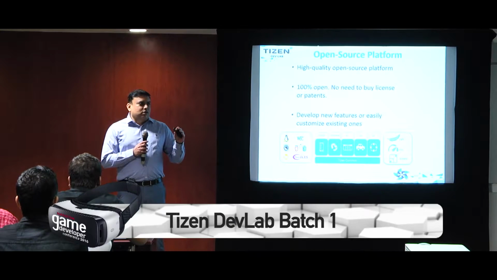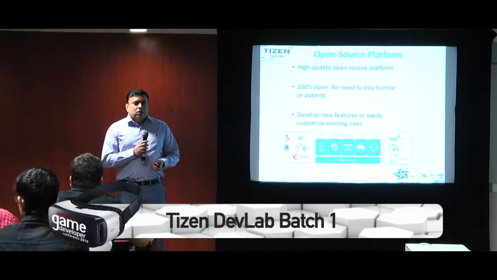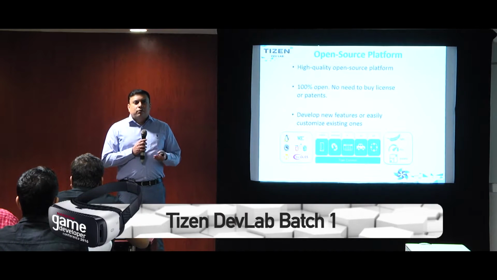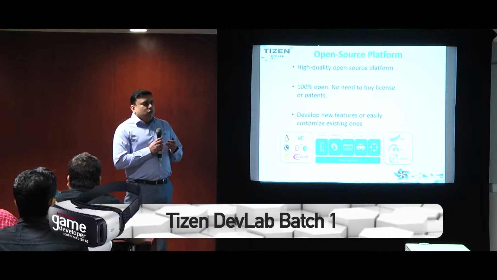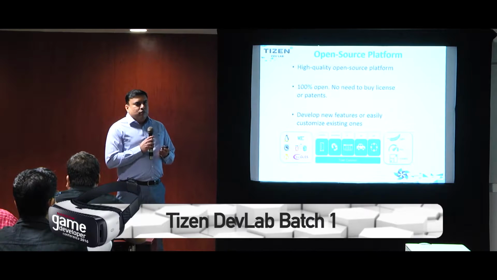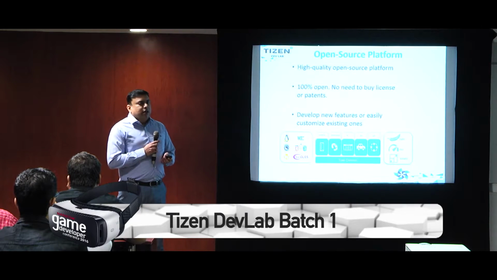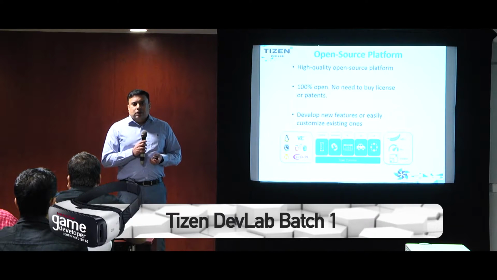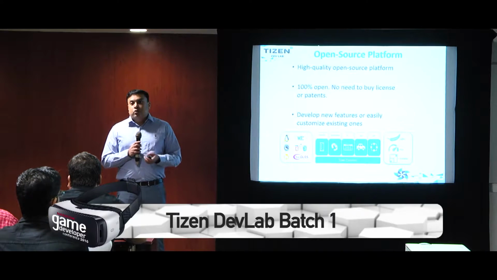So Tizen is a combination of the Linux kernel and open source components, on top of which you can develop applications for various things. It's a high quality mobile platform meant for many things, and it's an open source project. It is maintained under the Linux Foundation. It uses many high quality and very popular open source components.